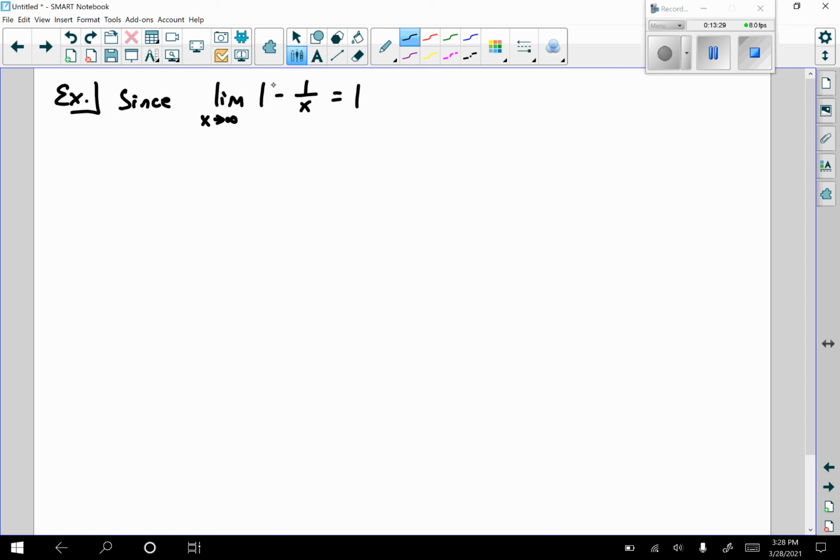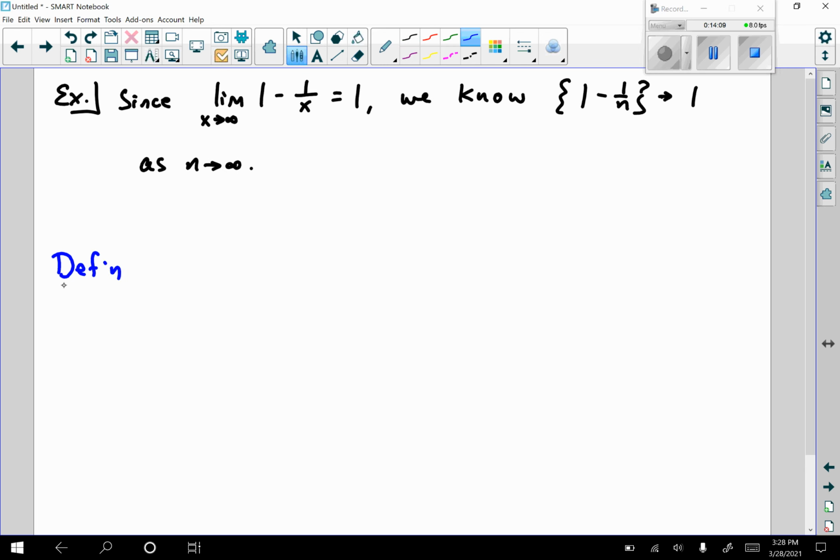So as the x values keep increasing, our output values get closer and closer to 1, then we know the sequence of 1 minus 1 over n also approaches 1 as n increases without bound. So these two statements agree at all integers, because these values are still headed to the same place whether we're dots or we're continuous, so whether the dots are connected or not.